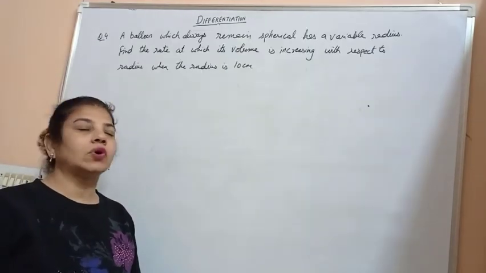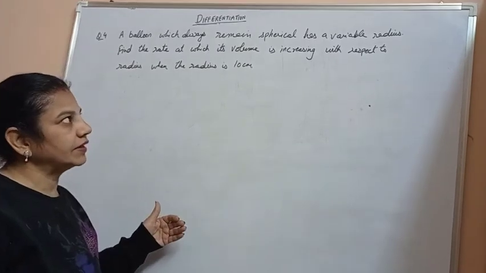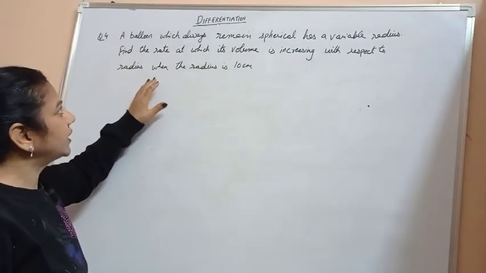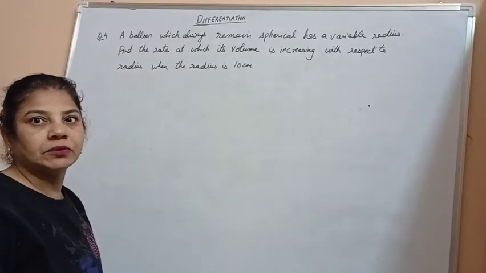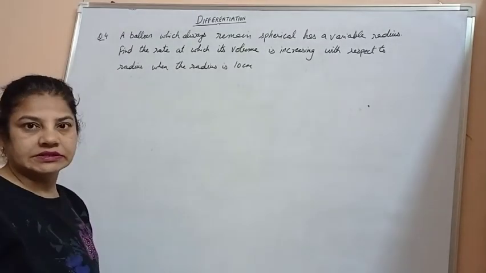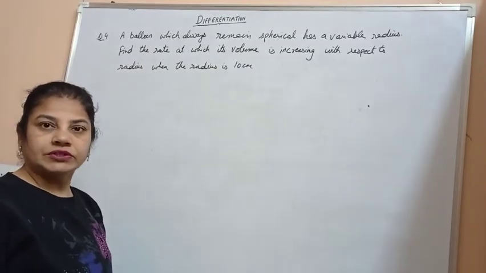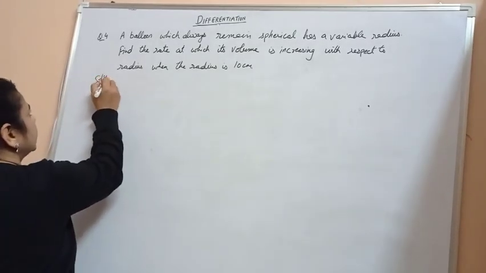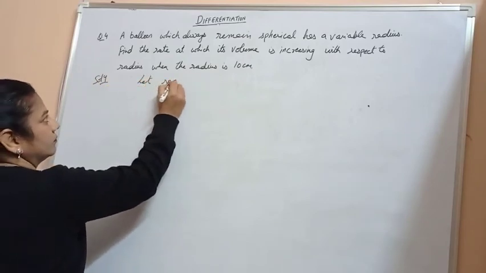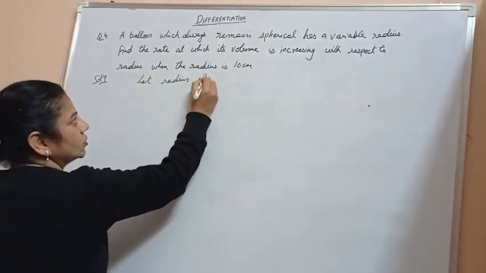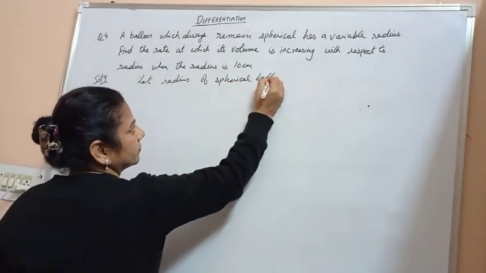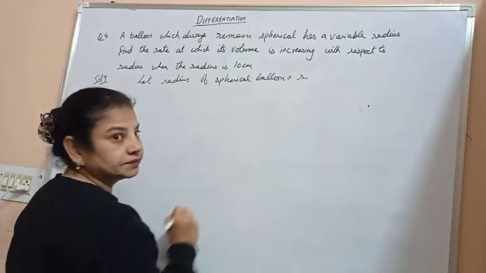A balloon which always remains spherical has a variable radius. Find the rate at which the volume is increasing with respect to radius when the radius is 10 centimeter. First of all, we write the information we are having. Let the radius of the spherical balloon be r.